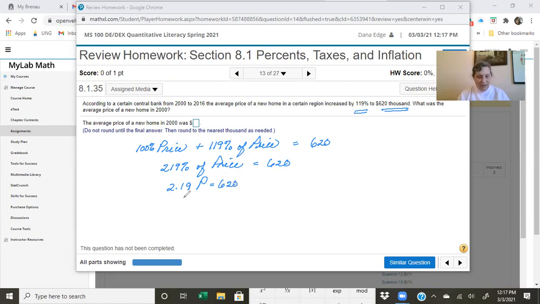Dividing by 2.19 results in showing us the previous price was 283 point, let me go ahead and go a couple of decimals, 1,000.